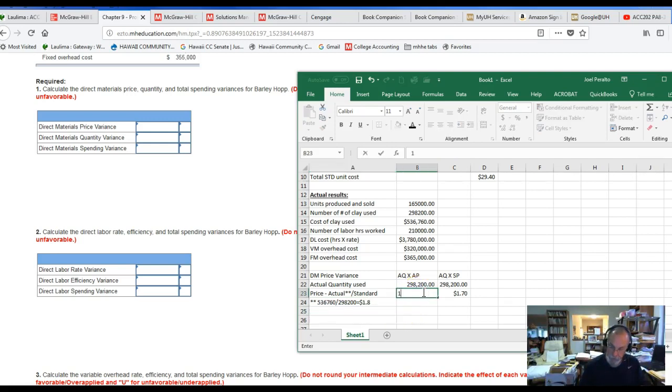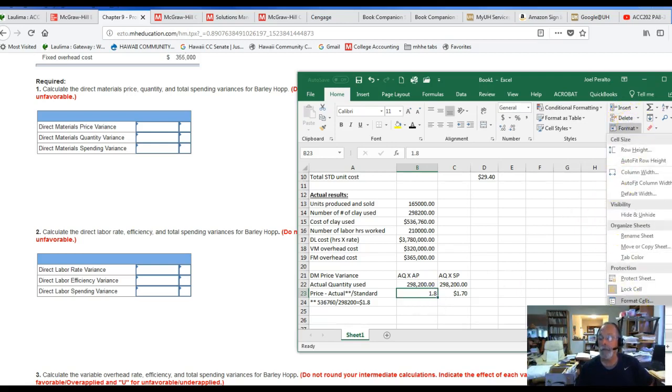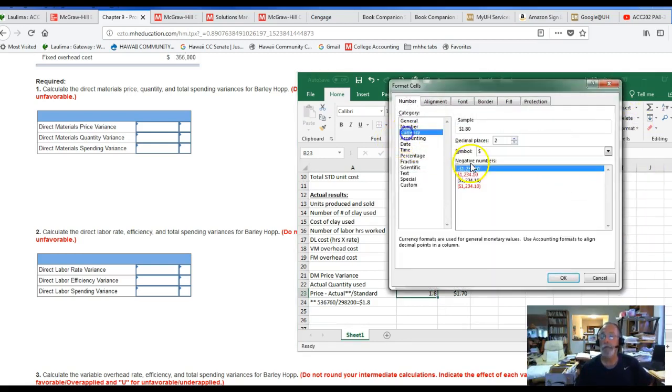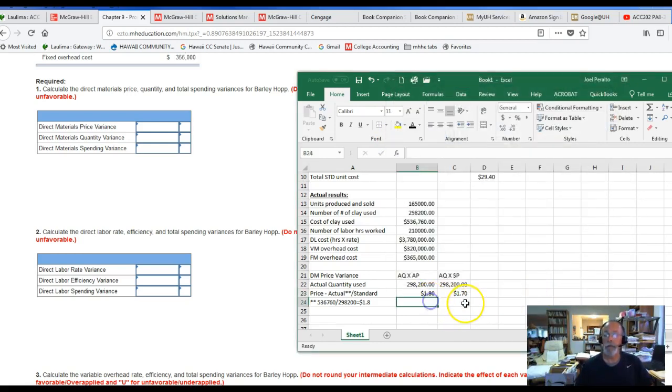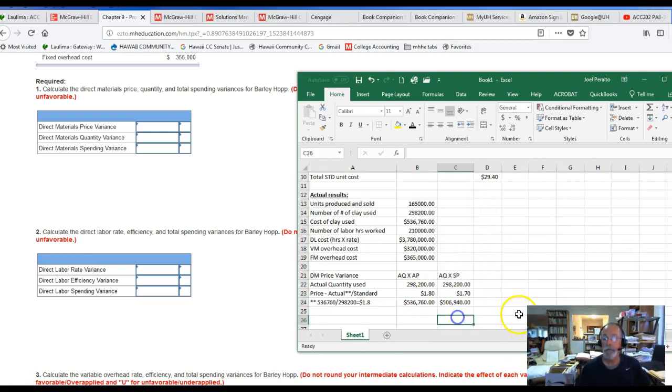So this is $1.80, and let's format that as currency. And so our actual quantity times actual price, quantity times price, compared to actual quantity times standard price.